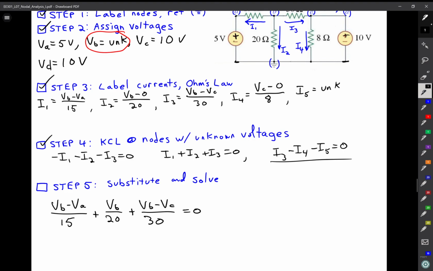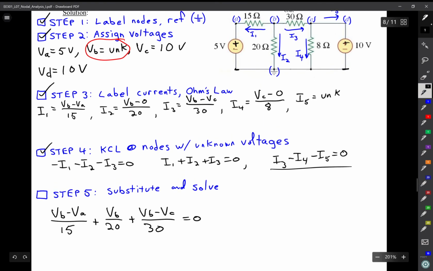Now notice that I've defined what VA is and VC. I'll just write it in there on the top. VA is equal to 5 volts, and VC is equal to 10 volts. So there's really only one unknown variable in that equation.